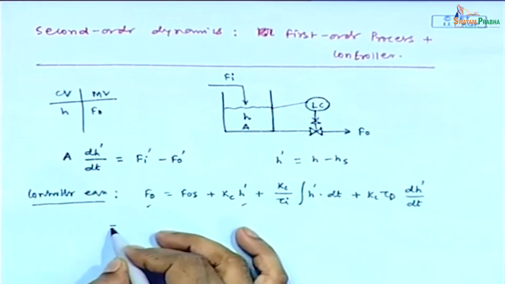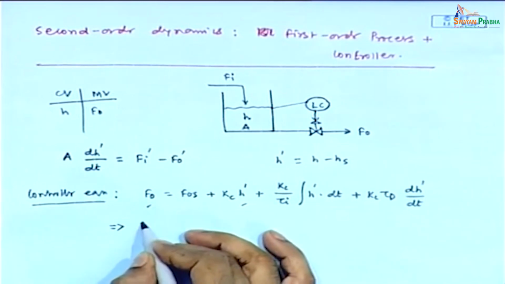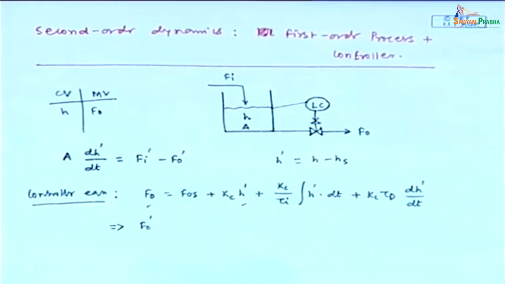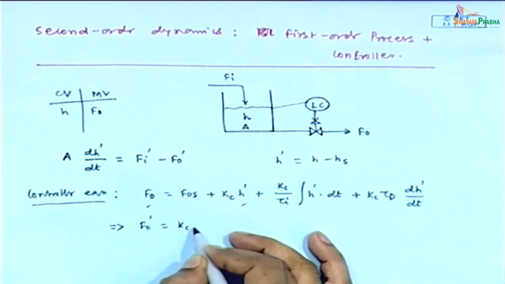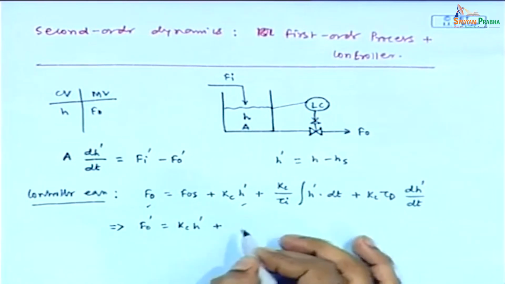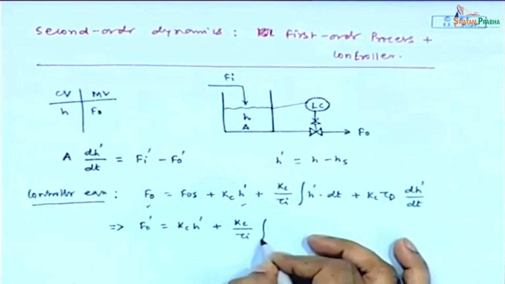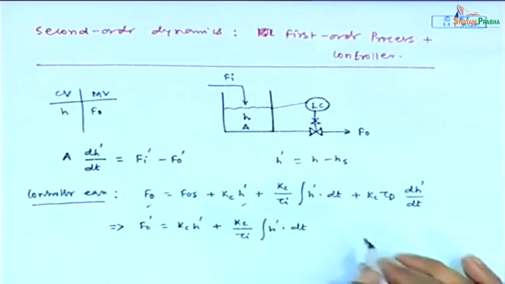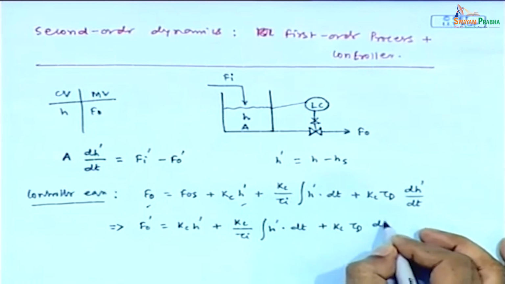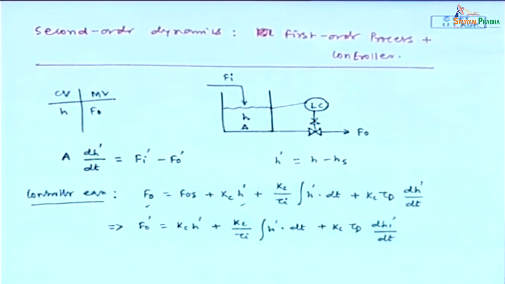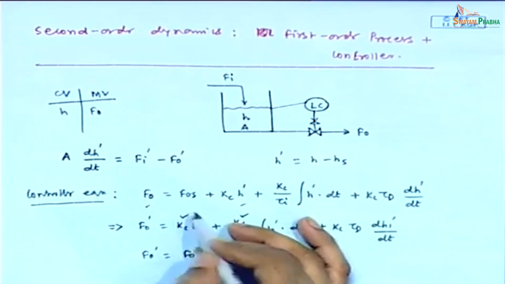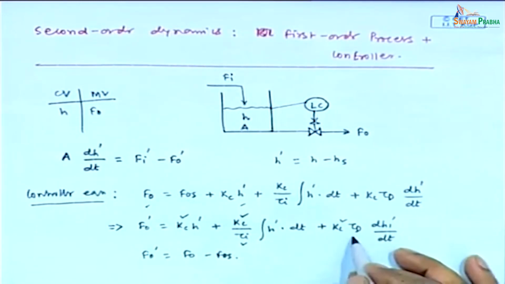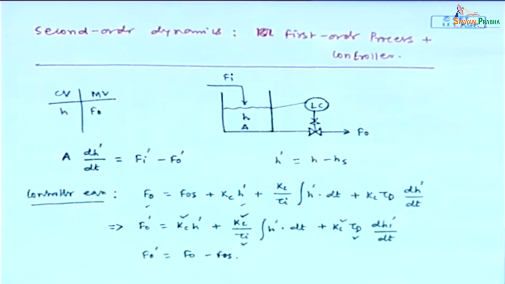Now, we can write this equation as F naught prime equals Kc H prime plus Kc divided by tau I integration H prime dt plus Kc tau d dH prime dt, where F naught prime equals F naught minus F naught S. And in this equation Kc, tau I and tau d, these three are controller tuning parameters.